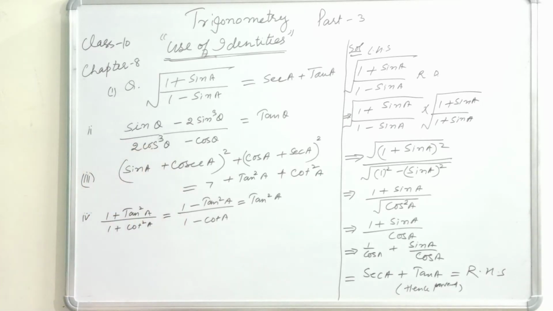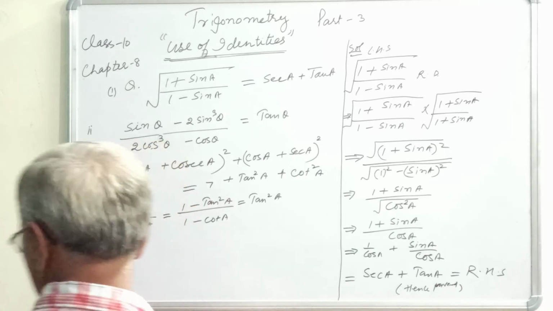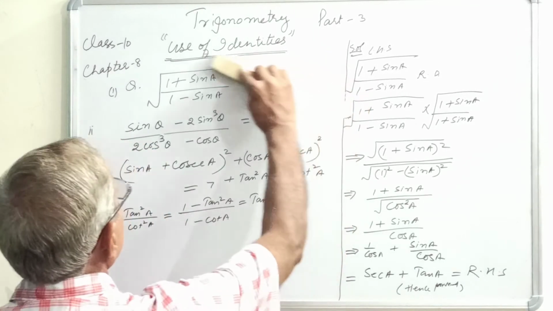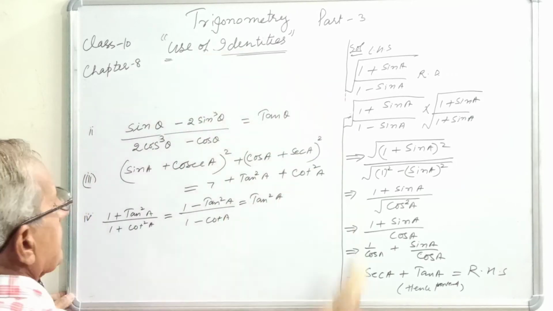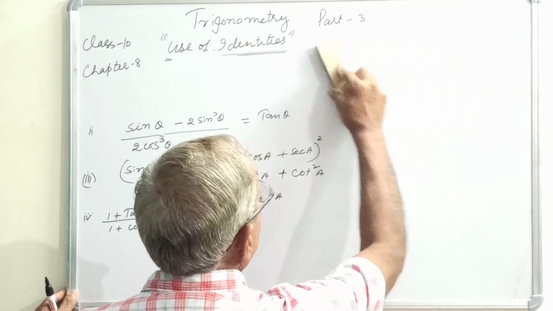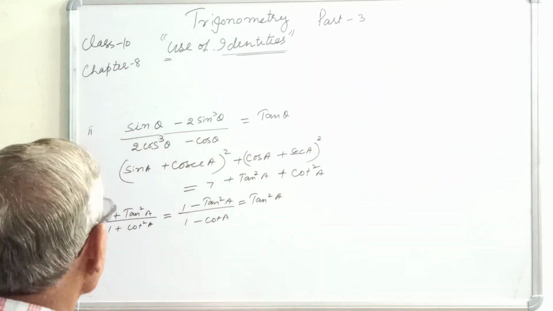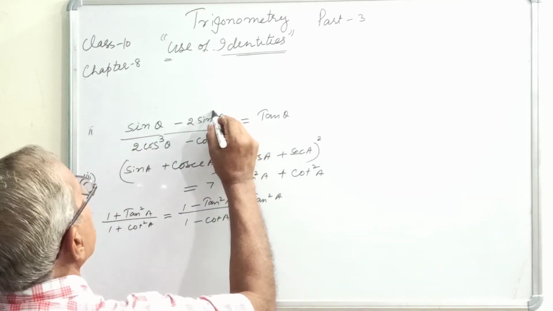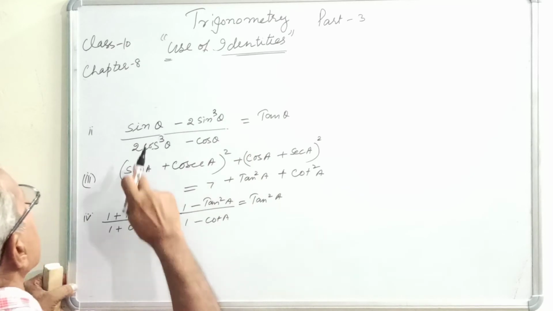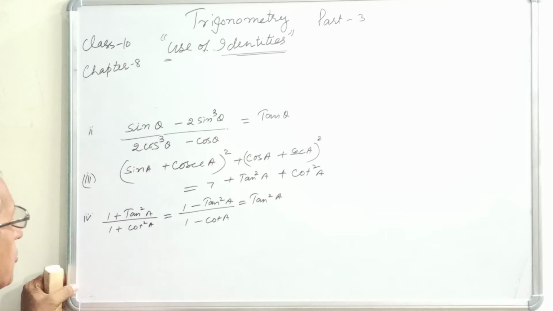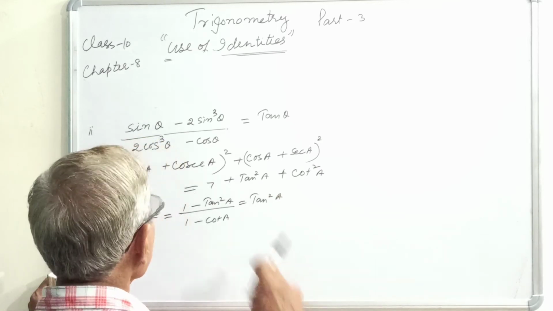Let us take the second part now. The second part is sin theta minus 2 sin cube theta, and the denominator is 2 cos cube theta minus cos theta.